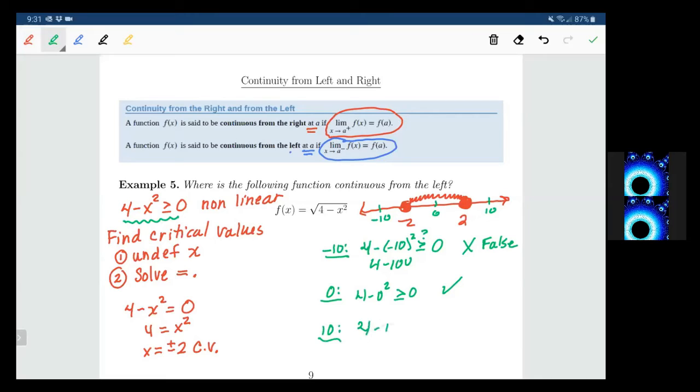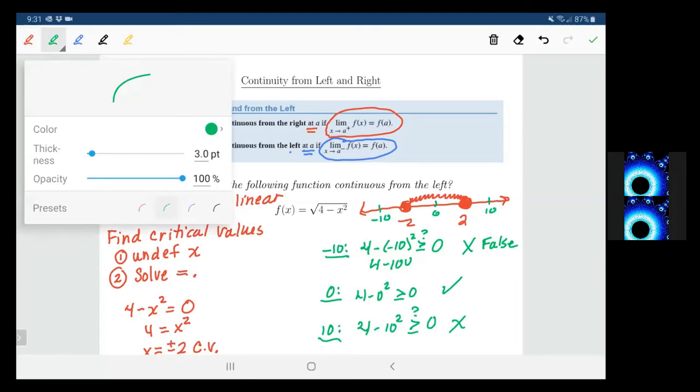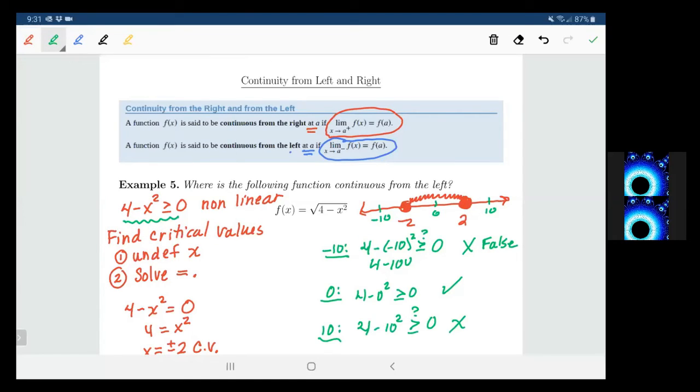So is 4 minus 10 squared greater than or equal to 0? That's clearly false as well. So the only place that our function is continuous, then, we can read from here, is on the interval from -2 to positive 2.